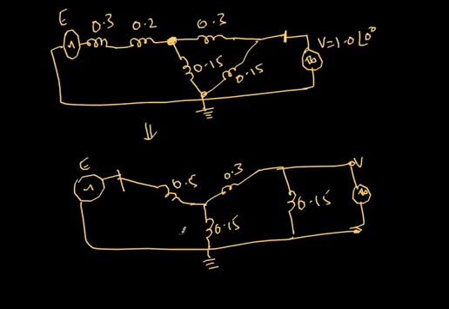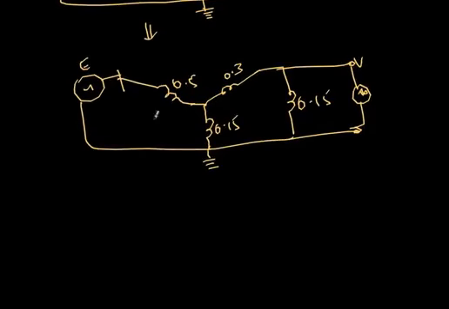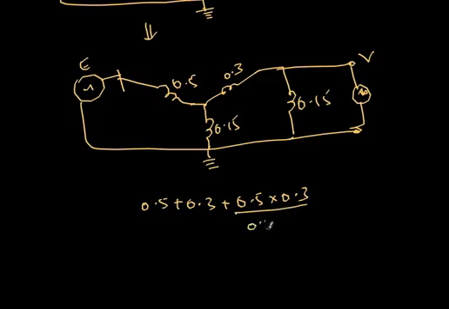Now this star connection I can convert into delta. So when you convert into delta, this particular reactance, whatever comes between these 2 points, will be something like this. So 0.5 plus 0.3 plus 0.5 into 0.3 divided by 0.15. So that will be X total, that is between this point and this point.